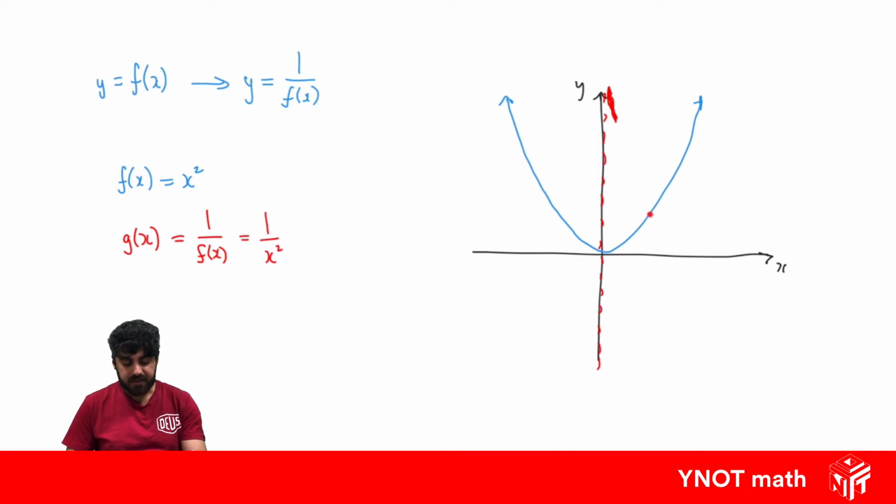Then, as these values of y get larger and larger, the reciprocal function gets smaller and smaller. And the point where they cross is actually at x equals 1, because 1 over 1 will also equal 1.